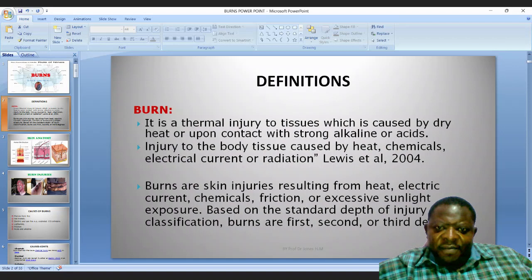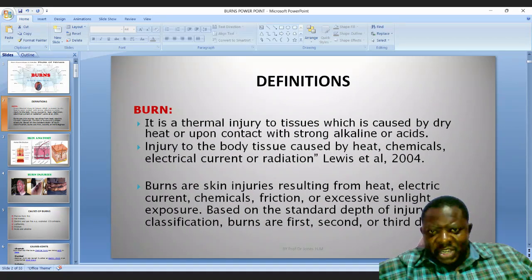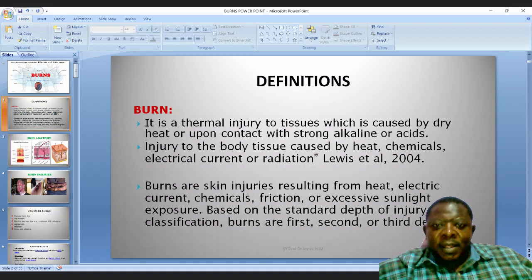So these four components may result in burns once one is exposed. So they may cause injury to a body tissue. This definition enlightens us that burns is not only exposure to thermal energy that is higher than our normal body temperature that may damage the tissue, but things like heat, chemicals, electrical current, and radiation may also result in burn injury.